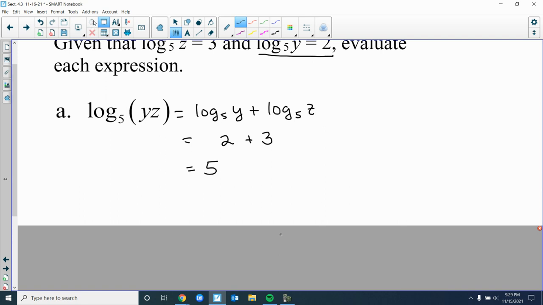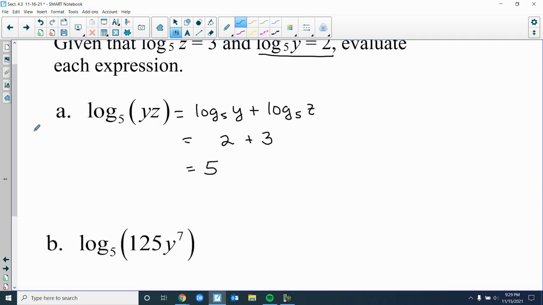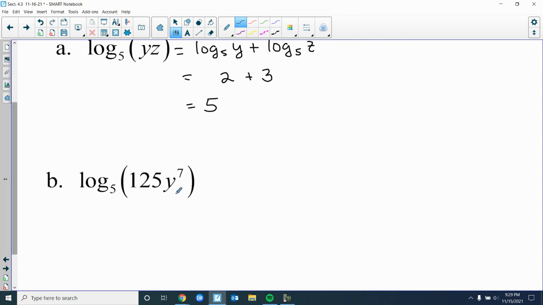All right, second one here, letter B. Log base 5 of 125y to the 7. And we're going to go through a couple problems here, but you got to be really careful where this exponent is and what the exponent is being applied to. It is not being applied to the whole expression.